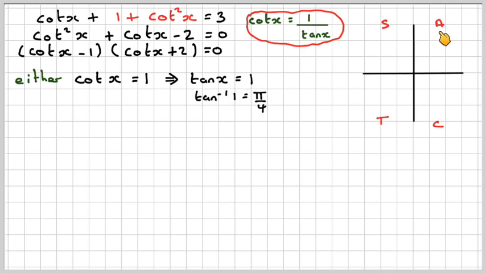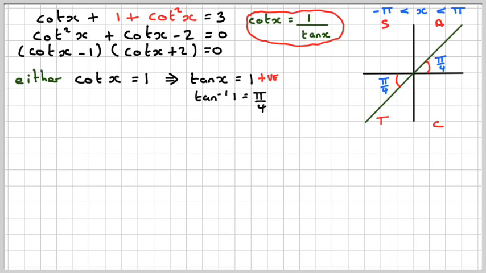And then set up your CAST diagram, or ASTC, call it what you want. We want to know where tan is positive. Tan is positive in the first and the third quadrants, okay? So we'll mark those angles in here, making our angle with the x-axis.